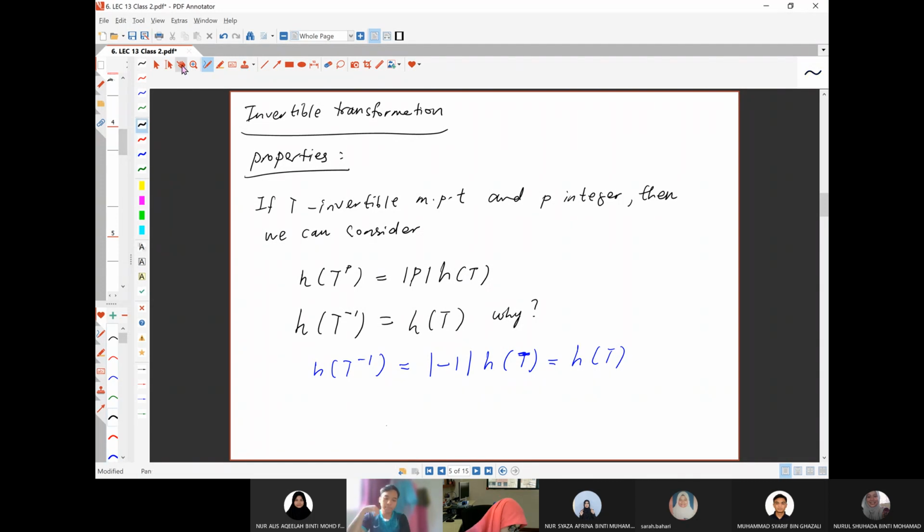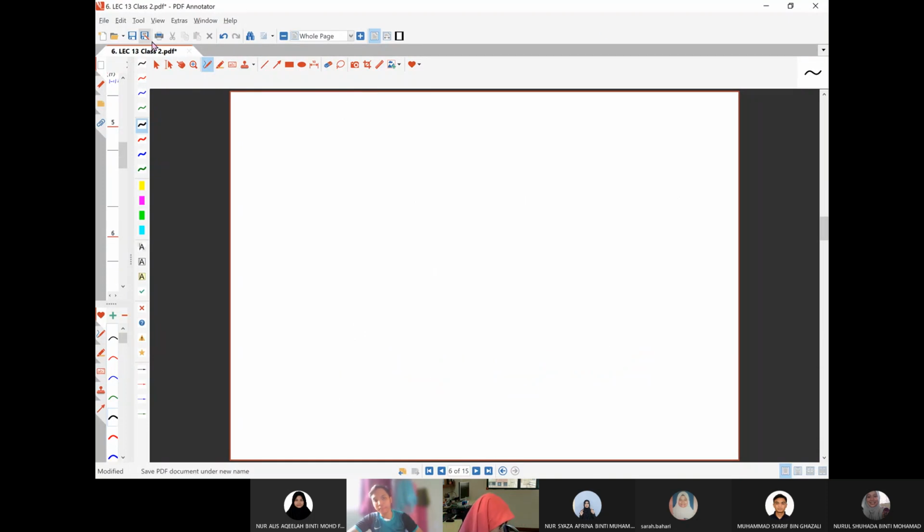Another property: if T power 0, what does it mean? Like a power 0 is 1. So if T power 0, T is a transformation, not a value, so it becomes I, the identity. So if T power 0, this is an identity transformation.